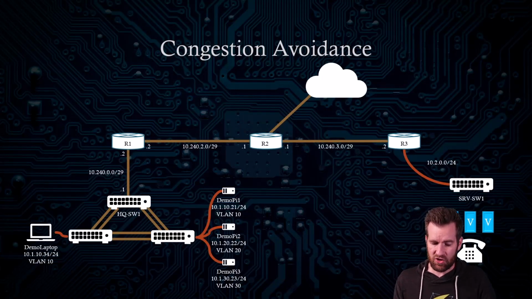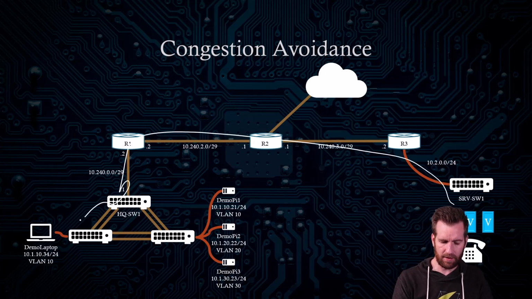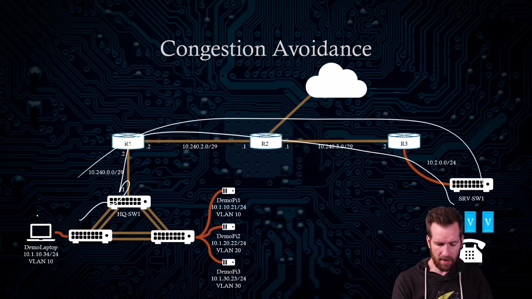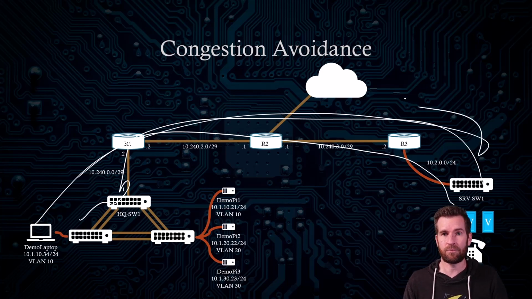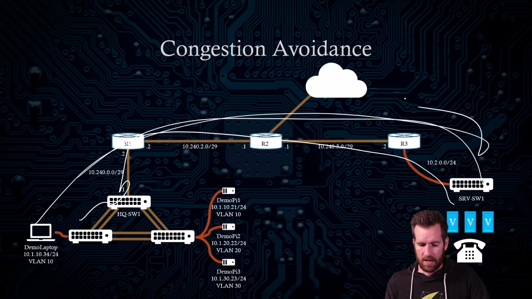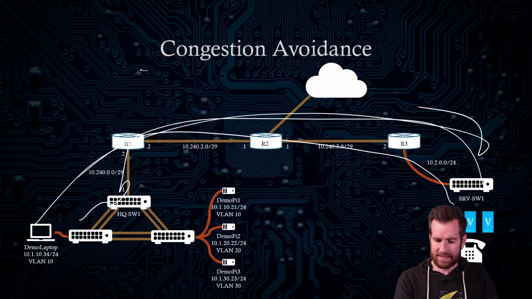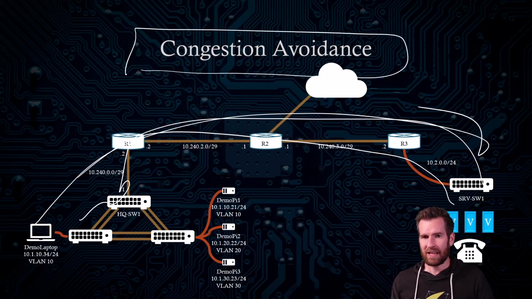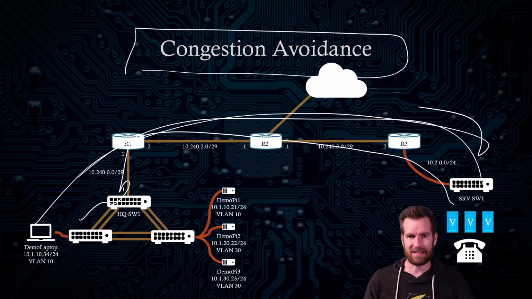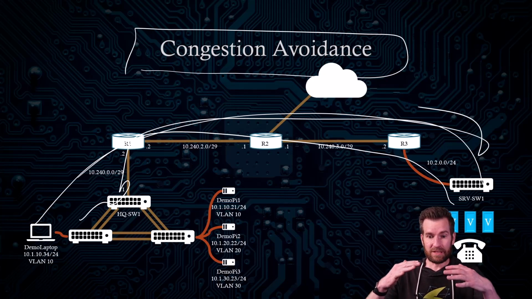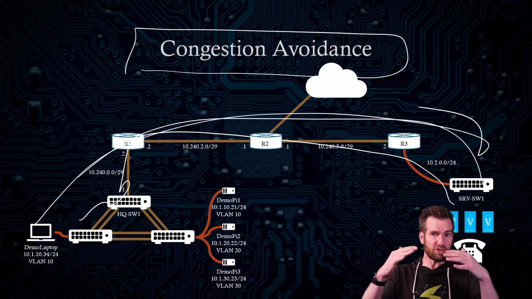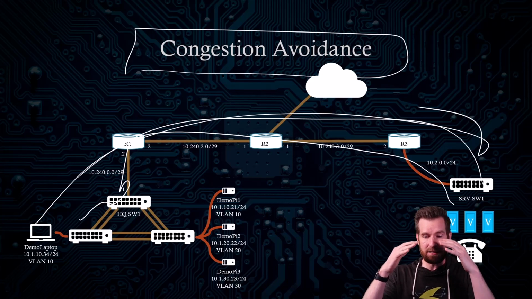Next, we have congestion avoidance. As these packets are going across here, there's going to be other packets from other devices going back and forth across here as well. If there is going to be an issue, it's kind of like gridlock on a city street. Traffic builds and builds and builds, and it flows okay until it hits a certain tipping point.